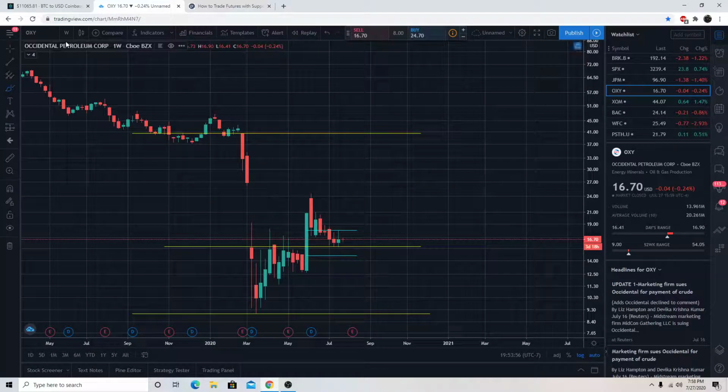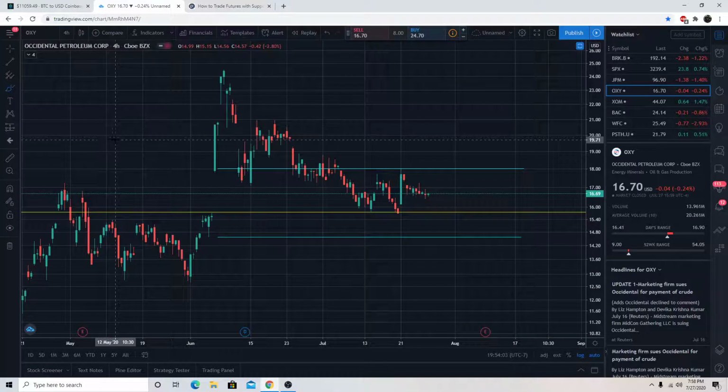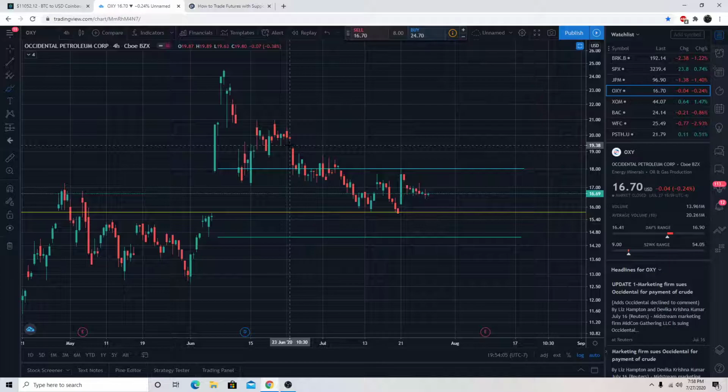So we drew these on the weekly, and now we're going to take a look at them on the 4-hour. I like to draw my micro, so my shorter term, think of those like floors one by one, in a different color. That way, when I look at this, I know that it's a macro, and when I look at this one, I know that it's a micro.